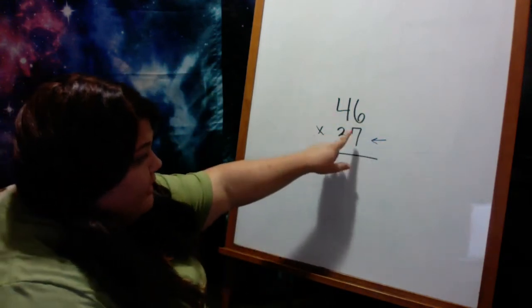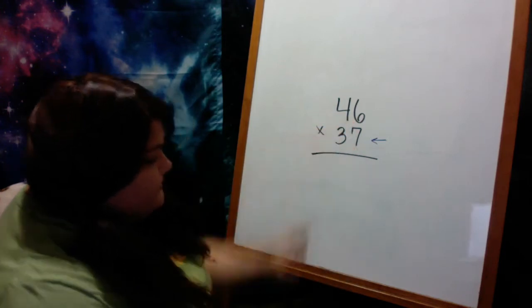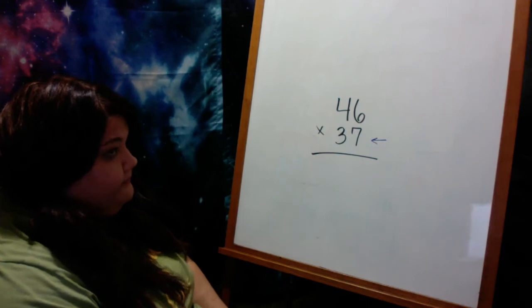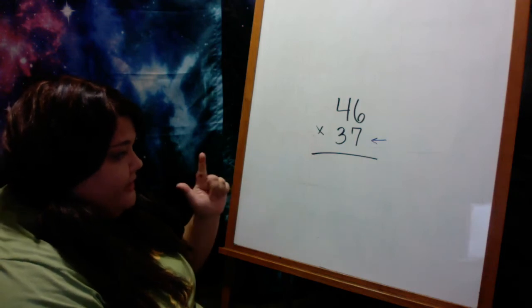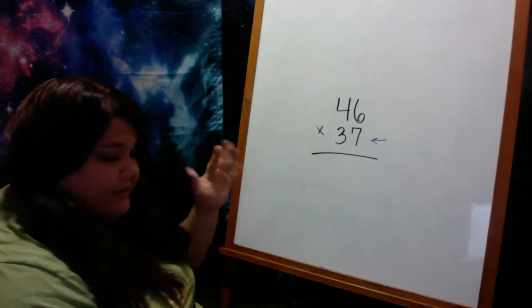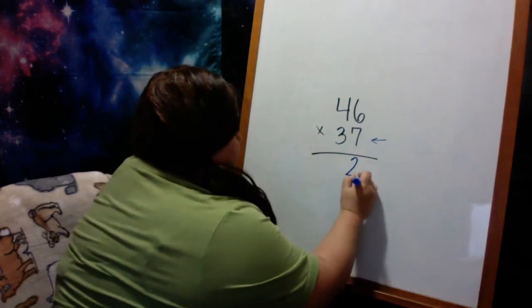I'm going to go 7 times 6. What's 7 times 6? 7, 14, 21, 28, 35, 42. So I put my 2 and I carry my 4.